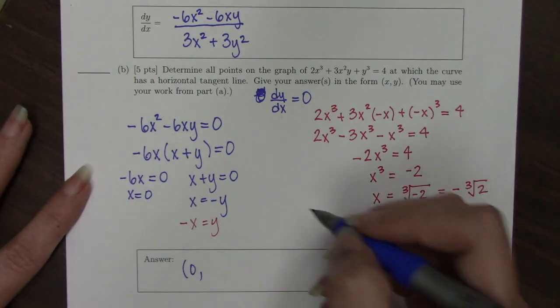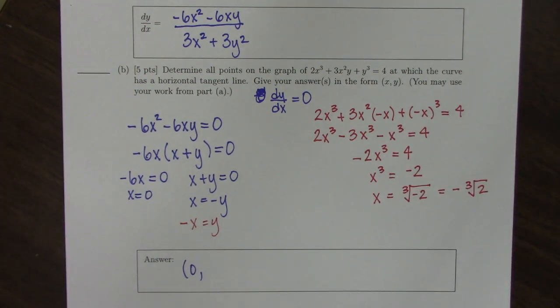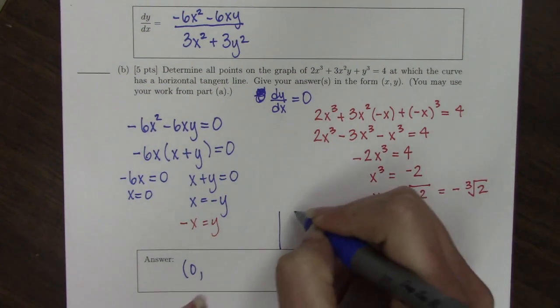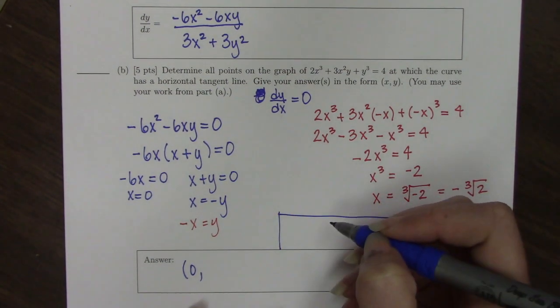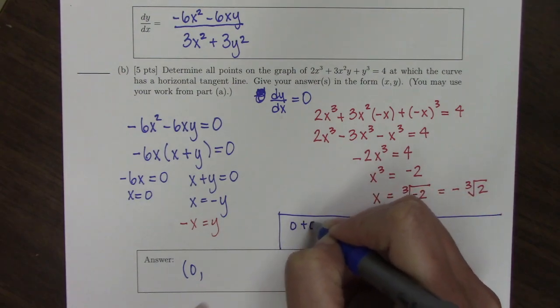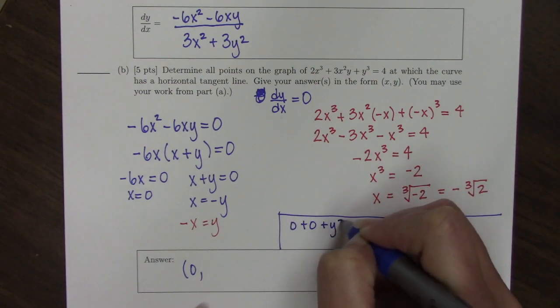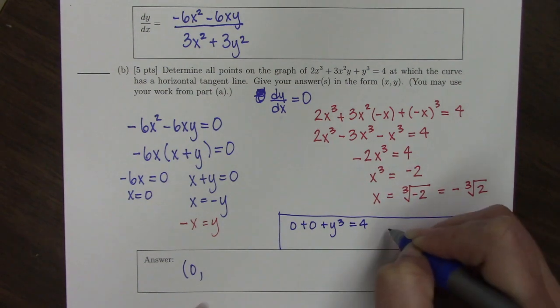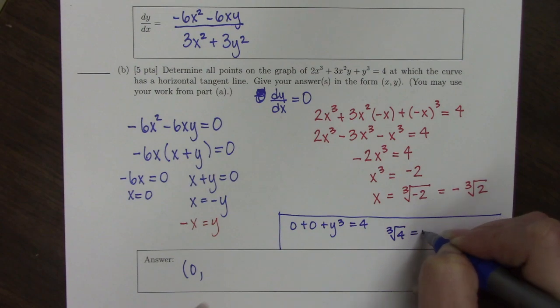I go back to the original equation. When x is 0, I always plug it into the original function. I get 0 plus 0 plus y cubed equals 4, so the cube root of 4 will equal y.